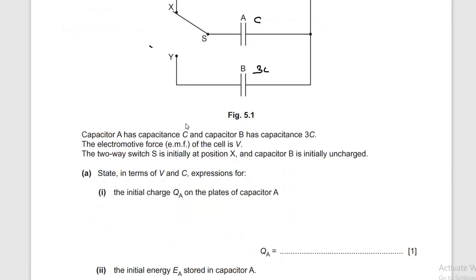State in terms of V and C the expression for the initial charge on A. The charge on capacitance C will be CV. So Q equals CV. So the charge at A is C multiplied by voltage. That's it.